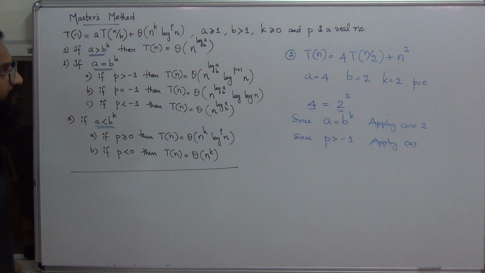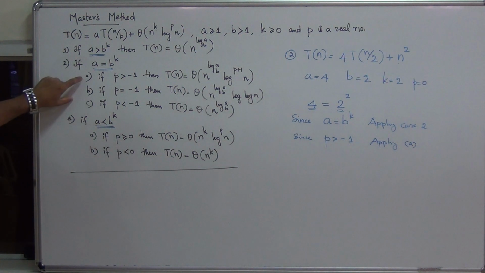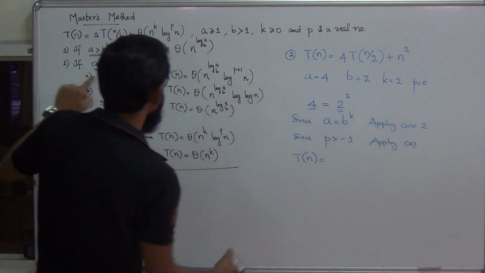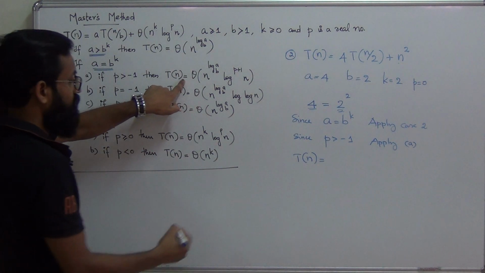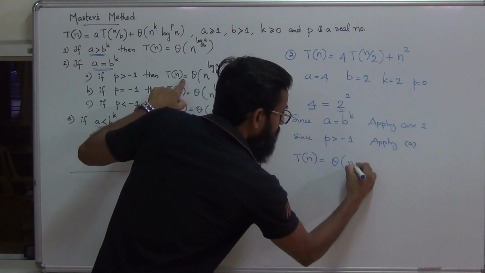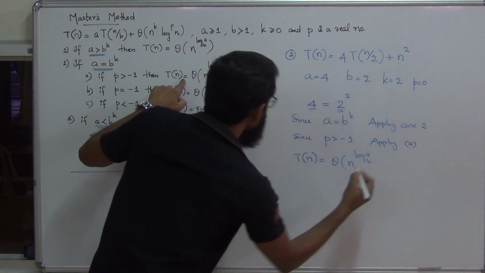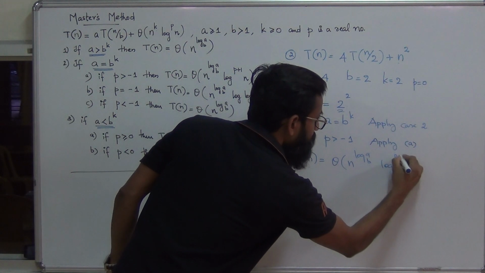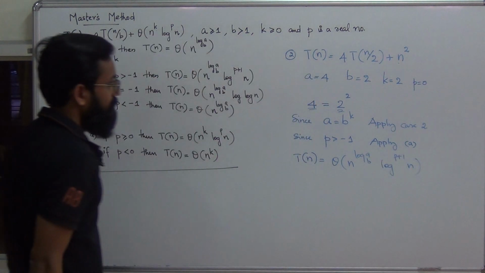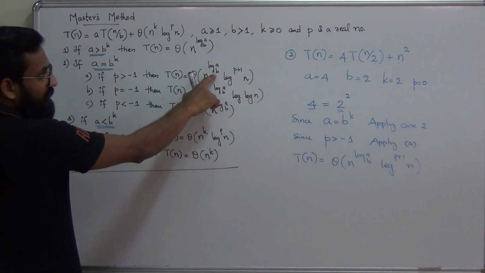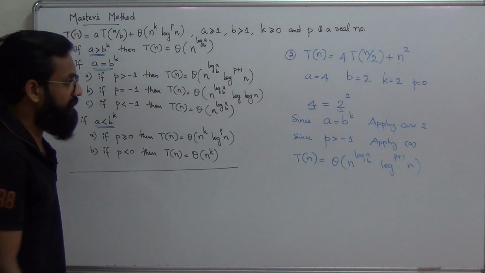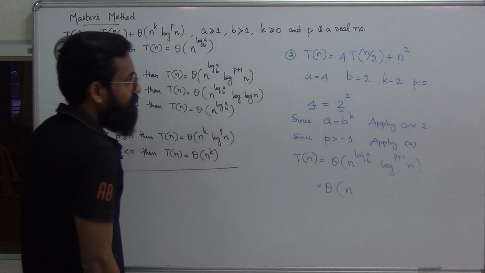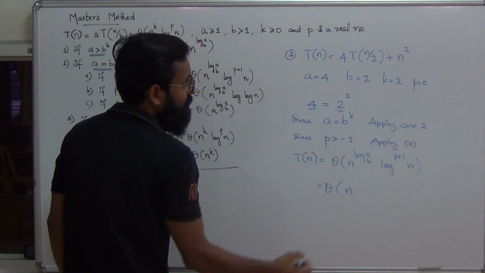If you apply subcase A, we have T(n) equal to Theta(n^(log a to the base b) log^(p+1) n). So this will be equal to Theta(n^(log a to the base b)). What about log a to the base b?